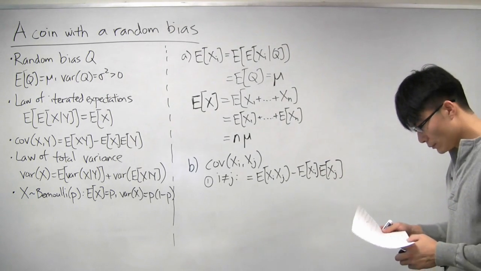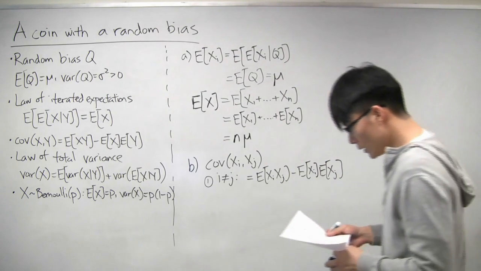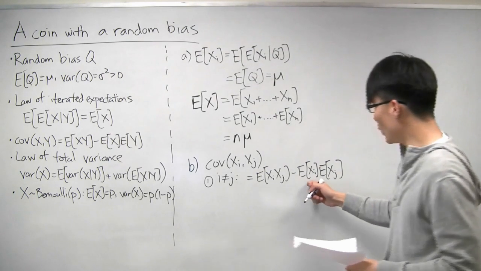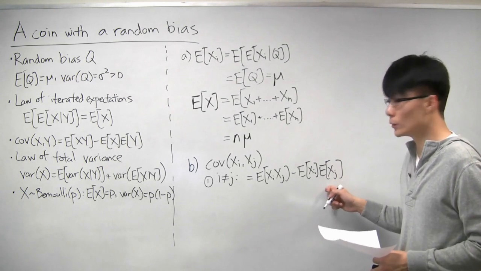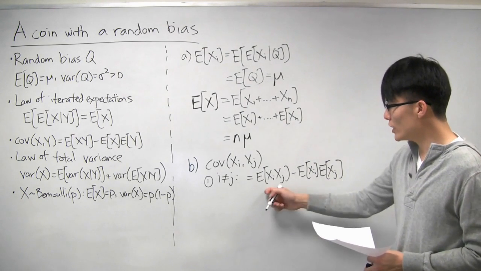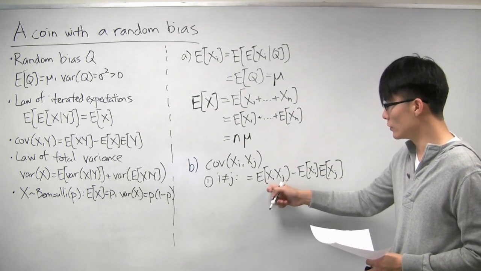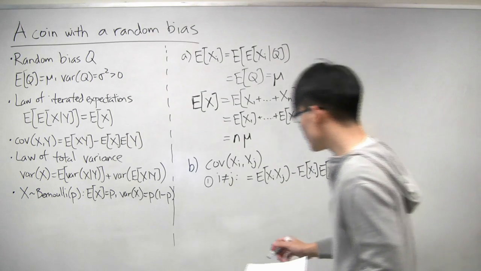We actually know what these two are, right? Expectation of xi is mu. Expectation of xj is also mu. So this part is just mu squared. But we need to figure out what this expectation of xi times xj is.